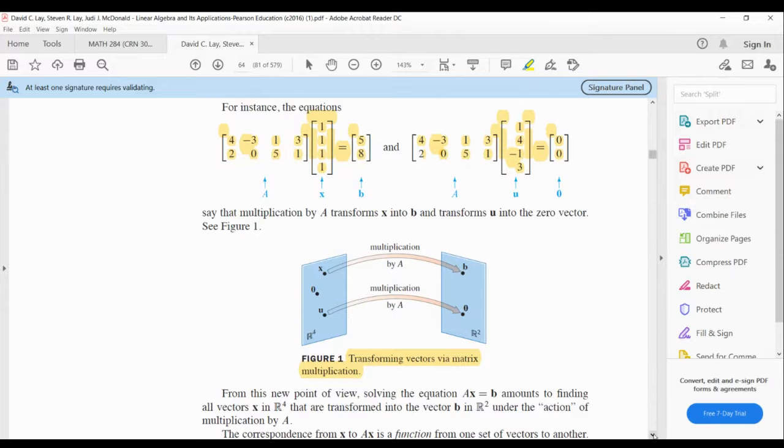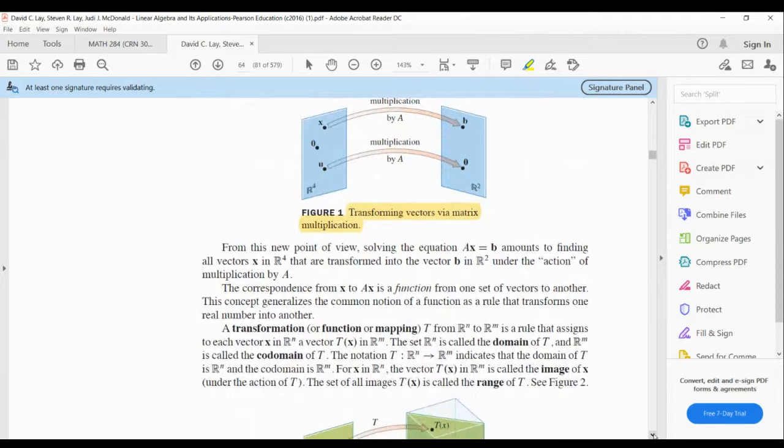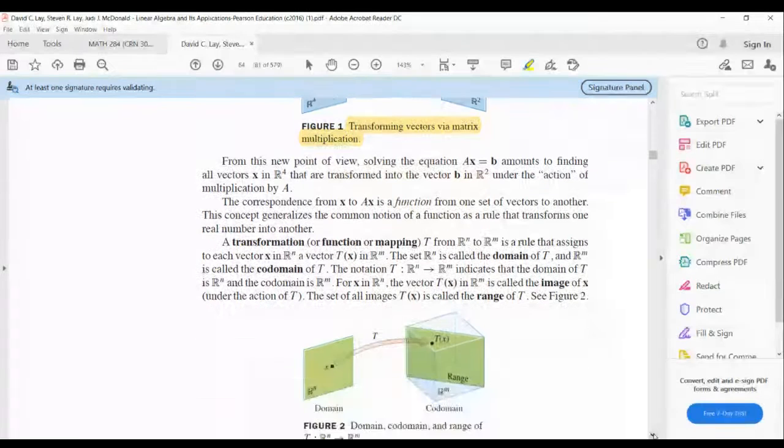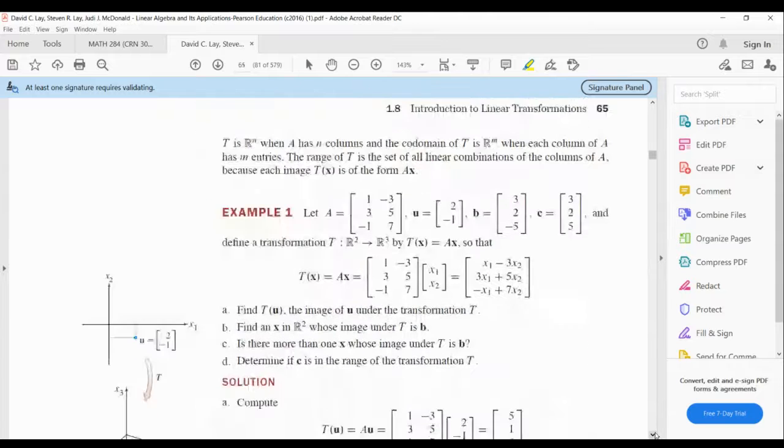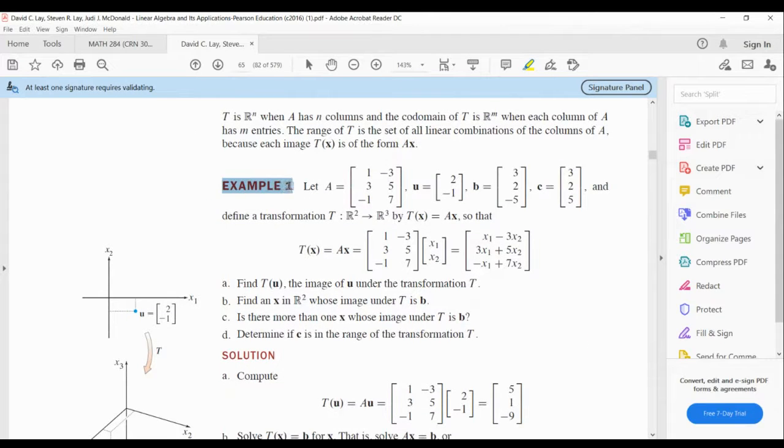It's really quite an amazing thing, and it's a mapping. Just like with functions, where you map elements from a domain into a range, with transformations in linear algebra you take vectors and map them from a domain into a range. For instance, in example 1 you have this matrix A, 3 rows by 2 columns, and vectors u, b, and c.